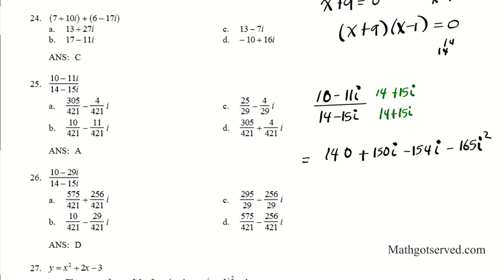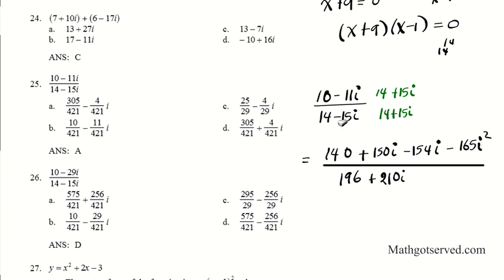And then for the denominator, we're going to distribute same as we did on the top, same process. So 14 times 14 is 196, and then 14 times 15 is going to be positive 210i.